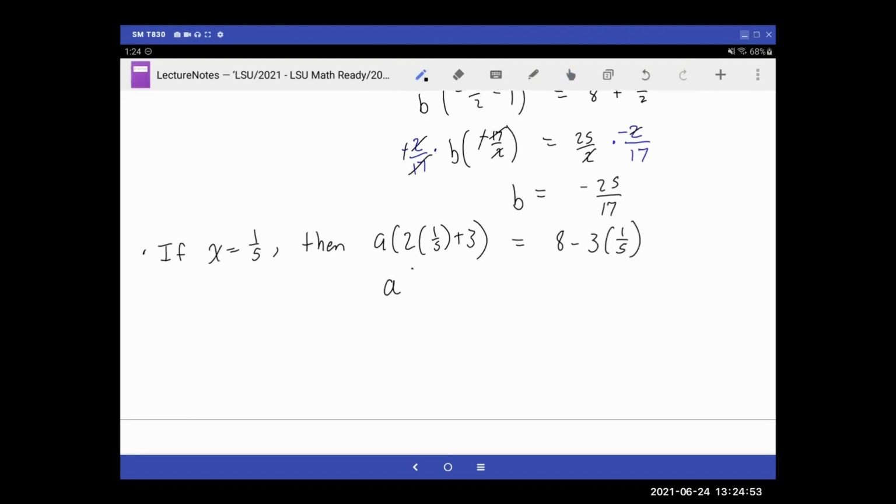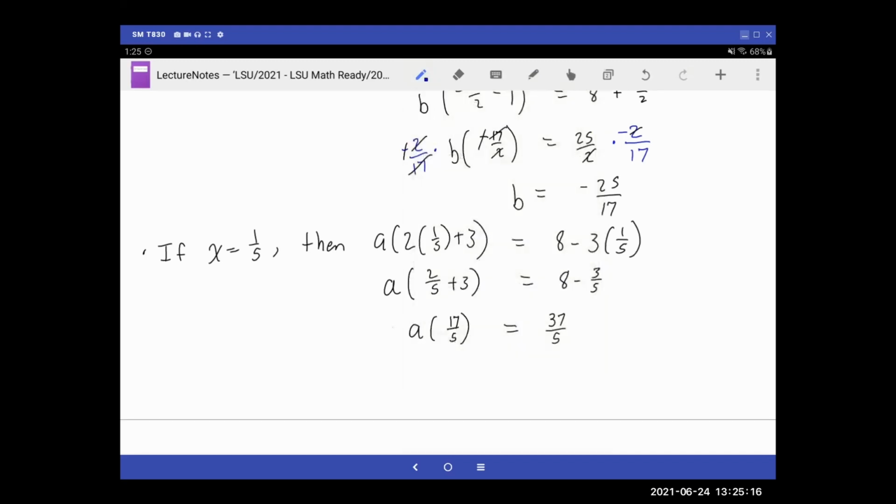So b times 2/5 plus 3 equals 8 minus 3/5. Again, I'll just do that quickly. So 3 is 15 over 5 plus 2 is 17 over 5. 8 is 40 over 5 minus 3 over 5 is 37 over 5.